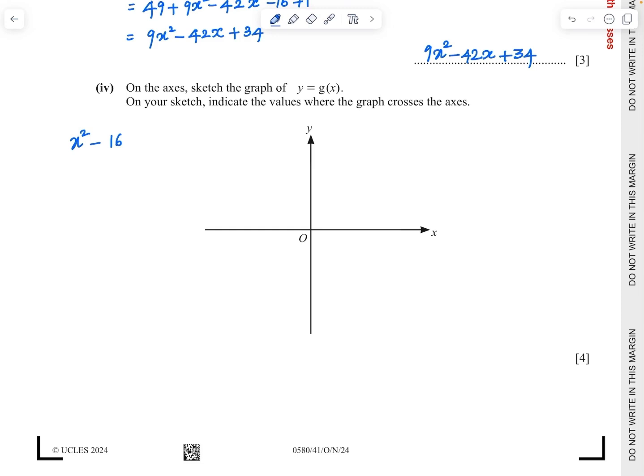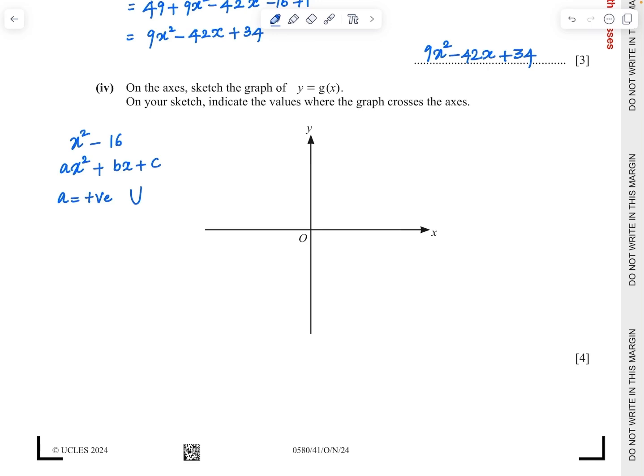So now this is of the format ax squared plus bx plus c. Now comparing these two equations, a is positive, which means the parabola should be an upward parabola.